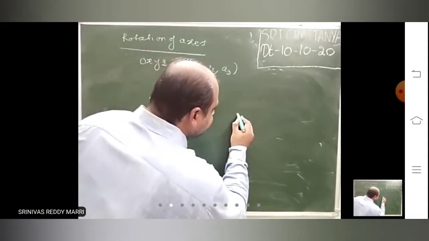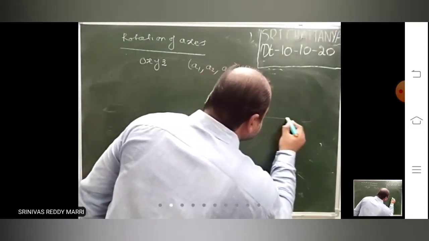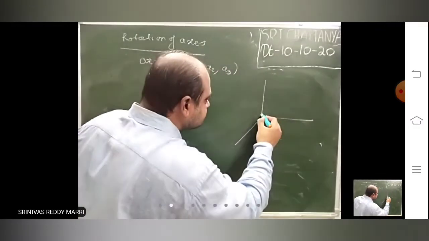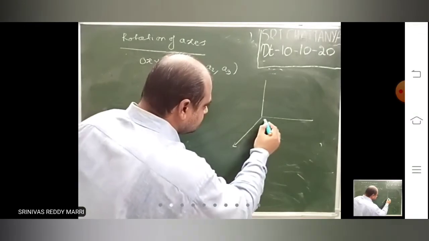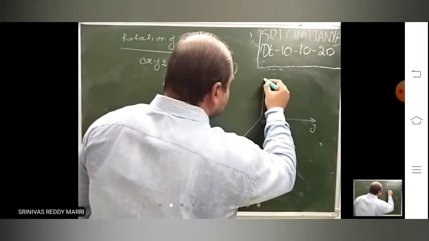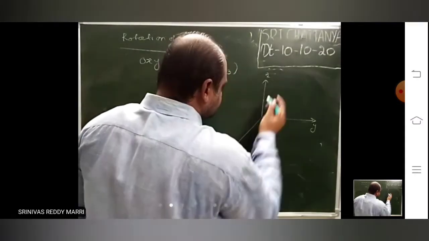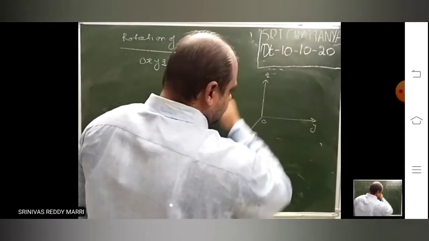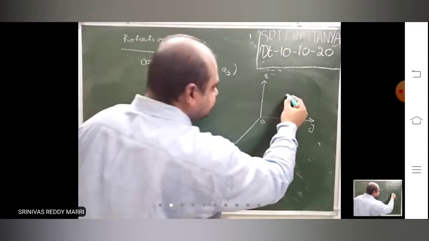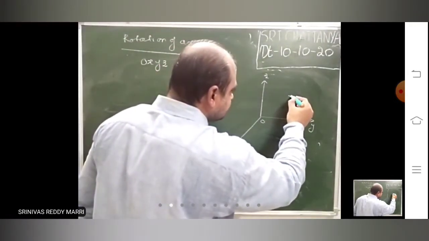The standard system means always draw like this: X, Y, Z. The standard system will be like this. There is a vector in space.